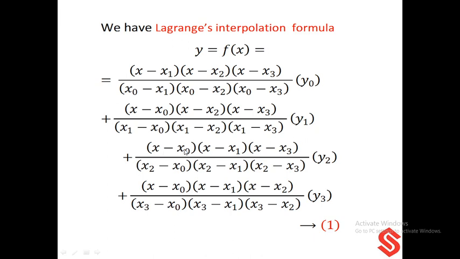Next, (x - x0)(x - x1)(x - x3) divided by (x2 - x0)(x2 - x1)(x2 - x3) into y2, and then (x - x0)(x - x1)(x - x2) divided by (x3 - x0)(x3 - x1)(x3 - x2) into y3. So it is equation 1.